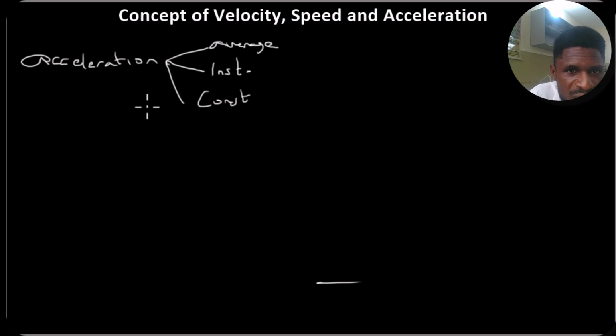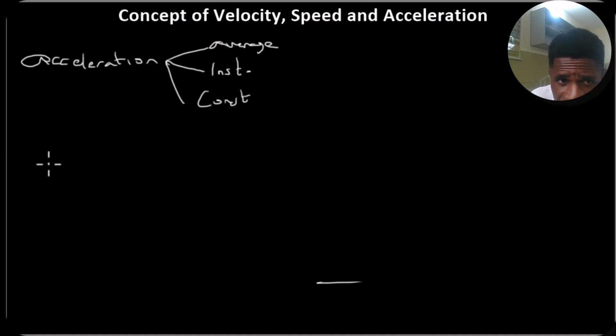Let me come again. Not just increasing, the process of changing the velocity, whether you increase or you decrease, is what we refer to as acceleration. That's why we say acceleration is simply the rate of change of velocity with respect to time. How velocity is changing with respect to time.